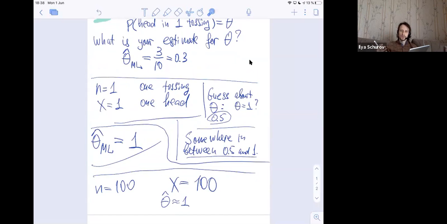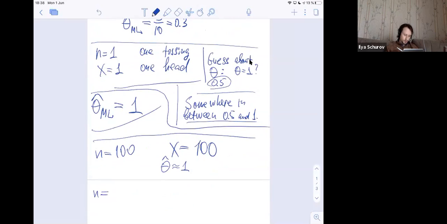I just asked a different question, a question of estimation. So we see that in this estimation problem, we can obtain different results. Sometimes these results are close to our maximum likelihood estimate, and sometimes not. Like here, we do not believe in this maximum likelihood estimate because it contradicts our prior knowledge, our beliefs.